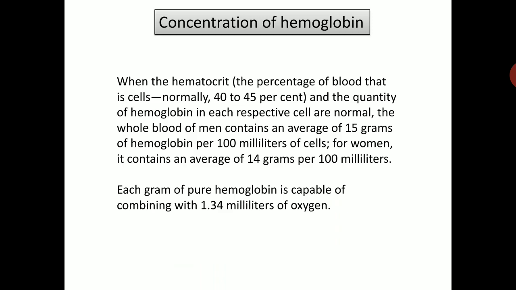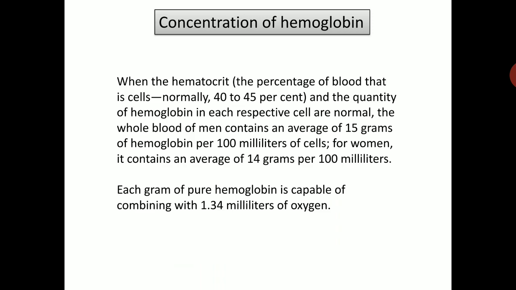Hematocrit is the percentage of blood that is cells, meaning when we centrifuge the blood and the cells settle in the lower portion, they constitute about 40 to 45% of the volume, and that volume is the packed cell volume or hematocrit. And the quantity of hemoglobin in each respective cell is normal.